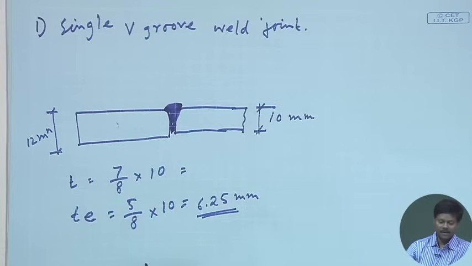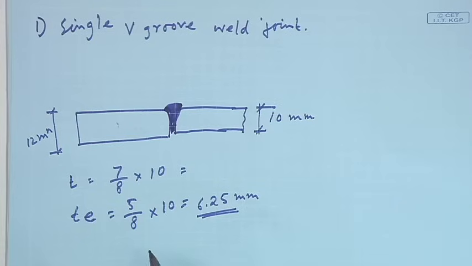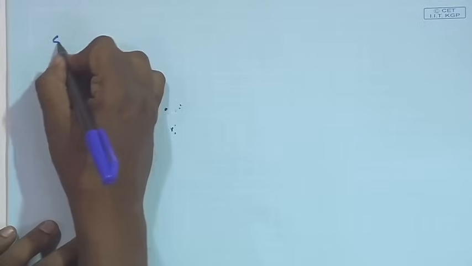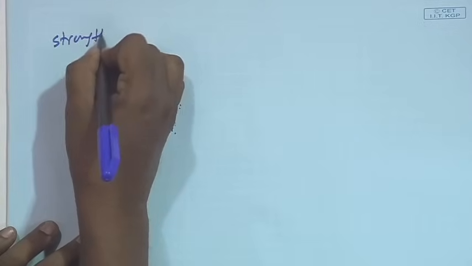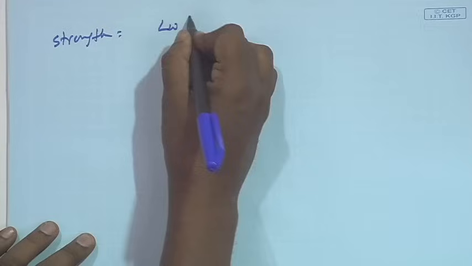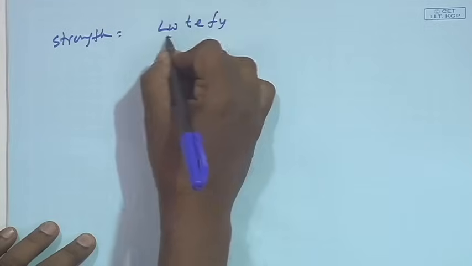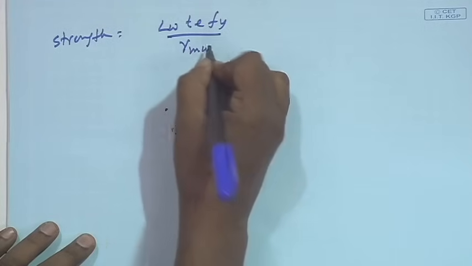Now, the effective length of the weld is given in the question, that is 150 millimeter. So, we can find out the shear strength of the weld, that will be Lw times te times fy by gamma mw.